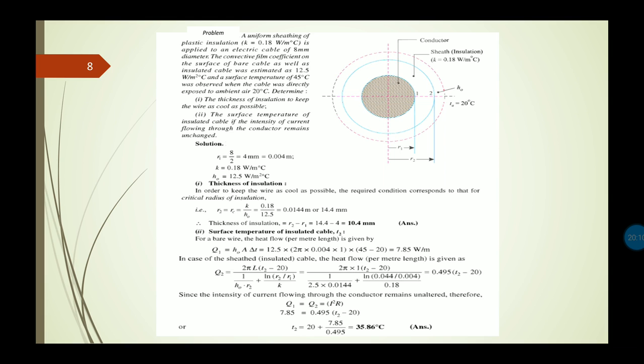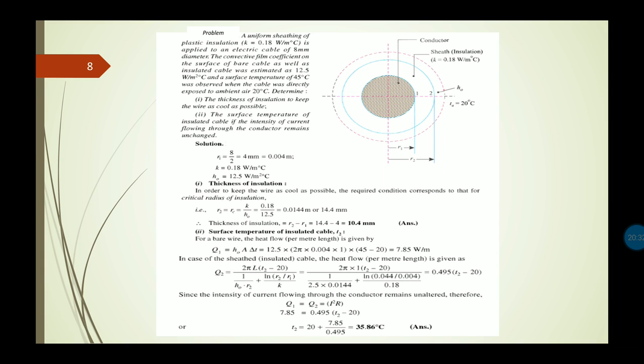In this equation, all the values are given except T2, which we need to find. If we put all the values in the equation for Q2, we get the formula for Q2, which is 0.495 multiplied by T2 minus 20.